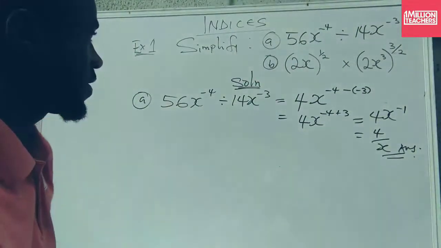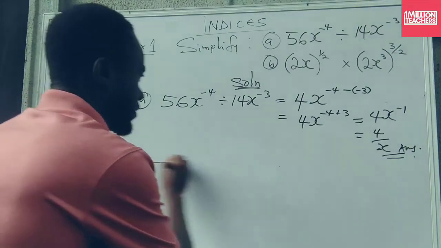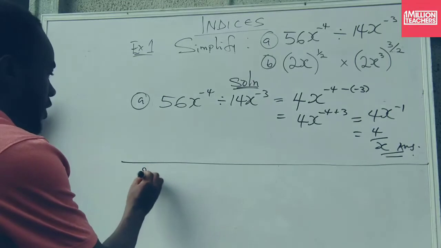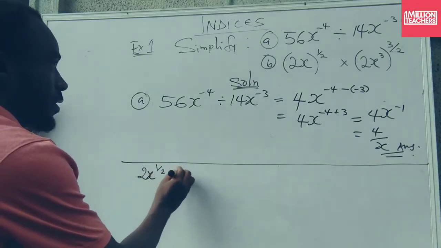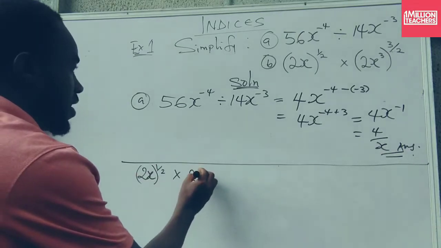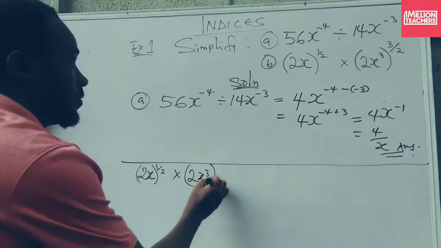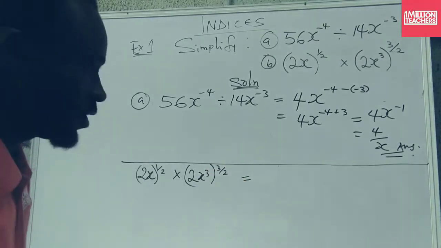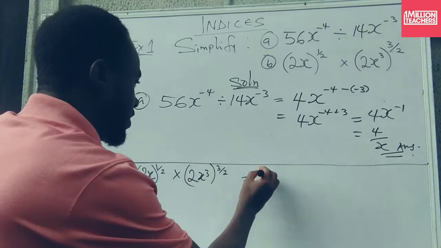Now let's look at this second question. This is (2x to the power of half) times, sorry, there's a bracket, and then we have (2x cubed) to the power of 3 over 2. Okay, how do we solve this? Let's work on this.